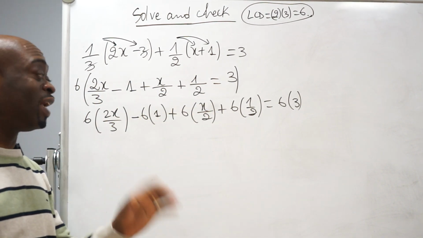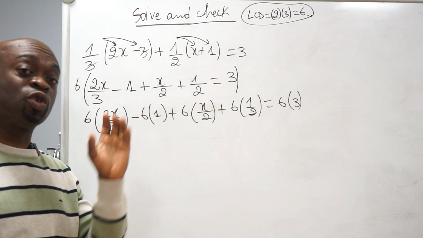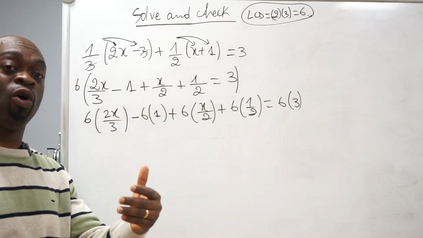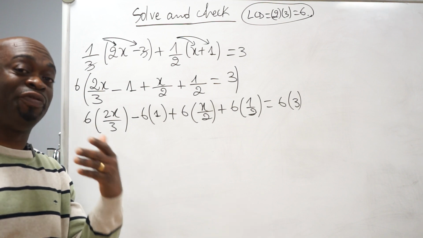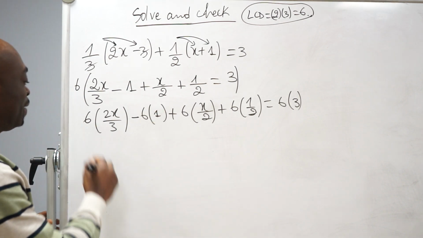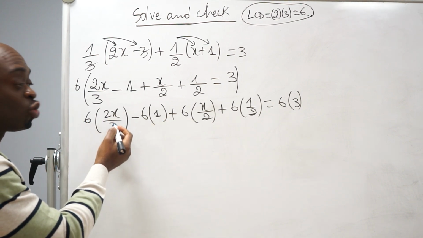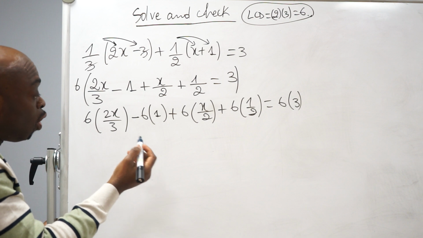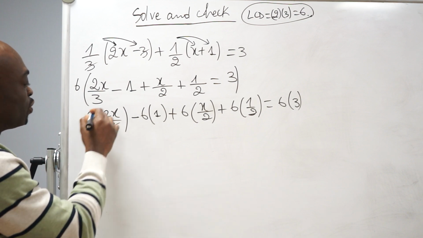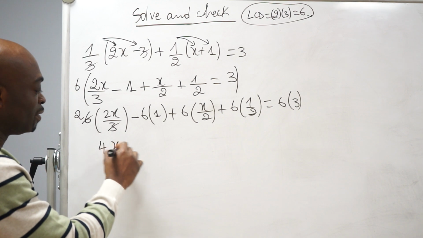All right? So for now, it's easier for us to keep the steps like this so you understand what's happening. And then later on, you can go a little faster if you can. But if not, keep it this way for now. Okay? So let's keep going. So 6 times 2, which is 12. 12 divided by 3, which is 4. Or you can go 3 goes into 6 twice. And 2 times 2 is 4x.